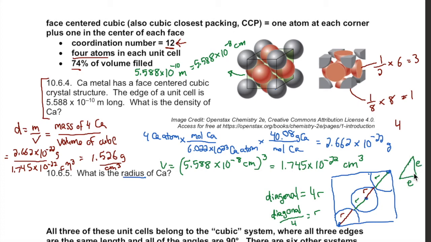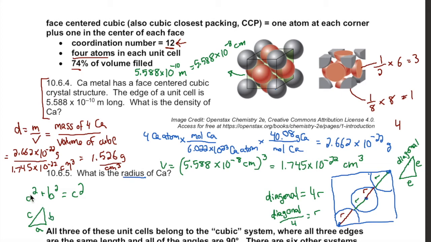And what we have here is a right triangle. And so we need to find the diagonal length of this right triangle, and each of the legs of the right triangle is the equivalent of the edge length. So we can actually use the Pythagorean theorem. When you have a right triangle, A, B, and C, the one leg squared and the other leg squared add up together to give the hypotenuse squared, so that diagonal line squared.